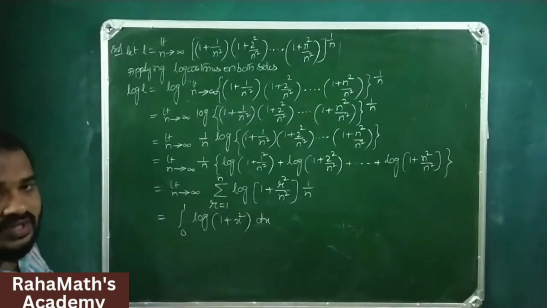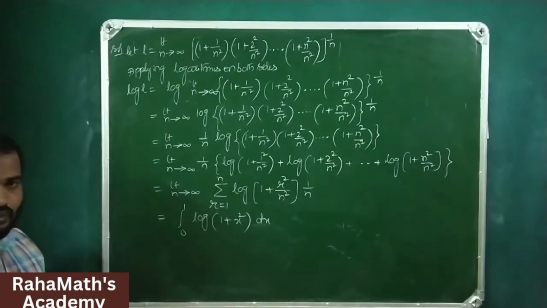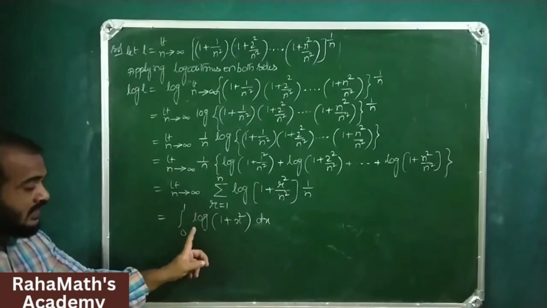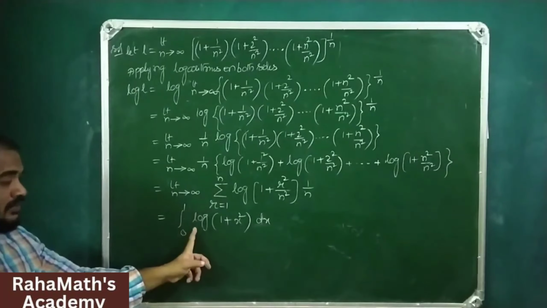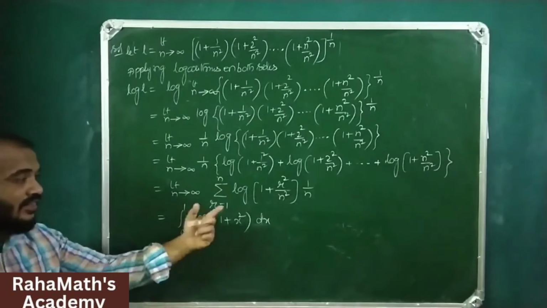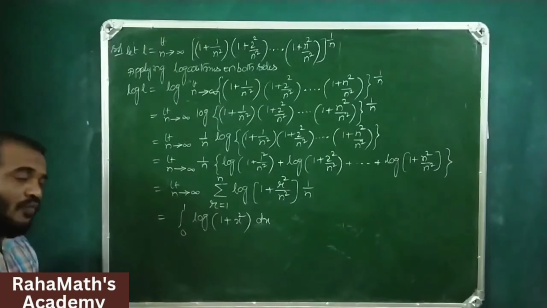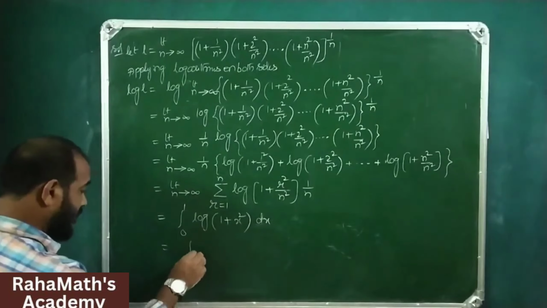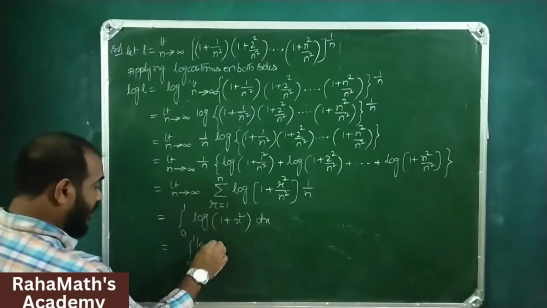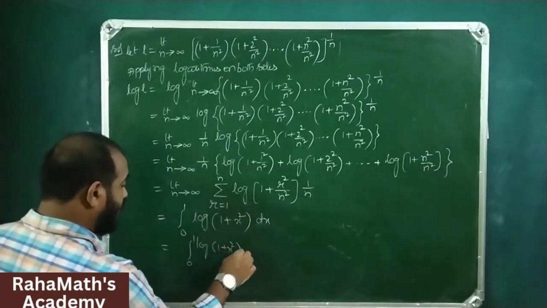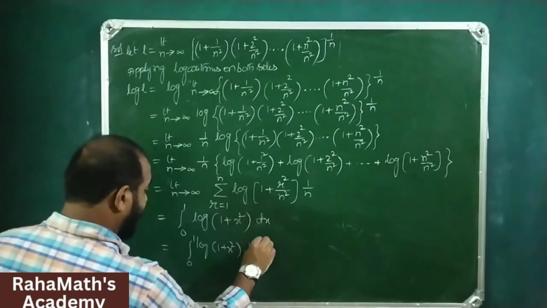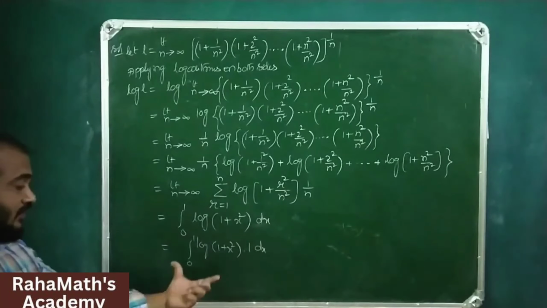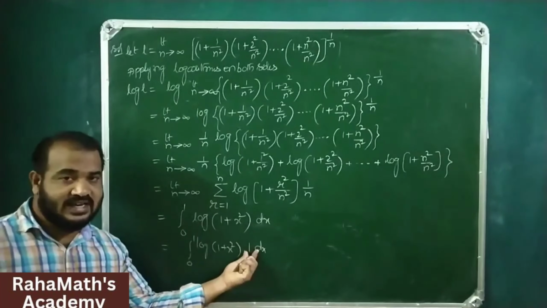This is not a normal integral to do; it is a special one. So another function is to be treated as 1: integral 0 to 1 of log(1 + x²) into unity. This is the first function and this is the second function.